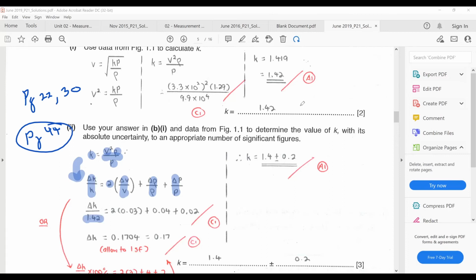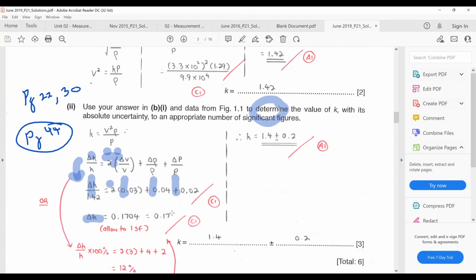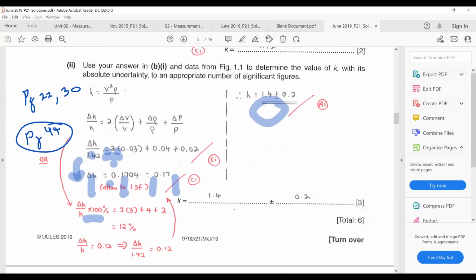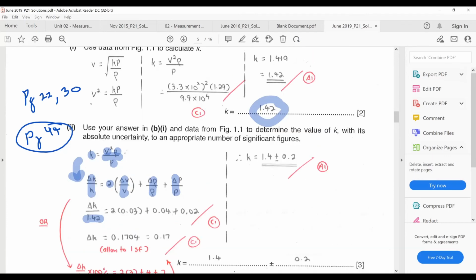For the value of K, you got 1.42. That part is fine, right? Okay, so if you substitute in the values right now, these are all in percentage uncertainty form. I need to change it to fractional form. So did you change them to the proper fractional form?